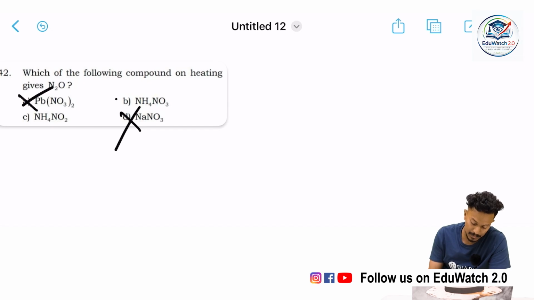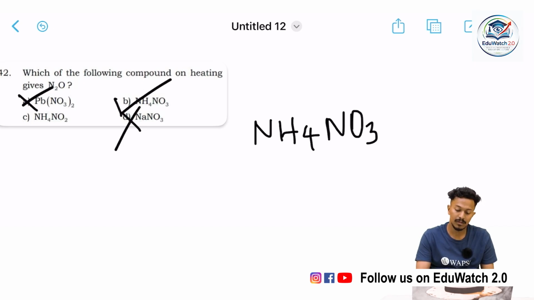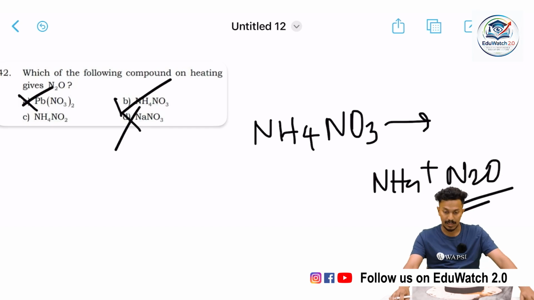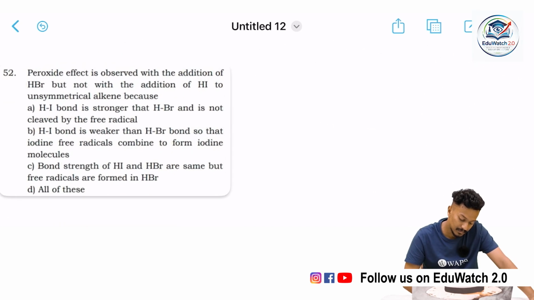The correct option would be option B, NH4NO3, which upon heating gives N2O. This is the correct reaction. Moving on to the next one.